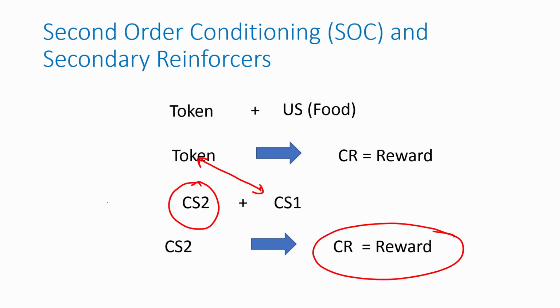If you get a token, it is equivalent to getting food, and that happens because of this association. So, you can take some other stimulus, and again that could be another token, and this itself is eliciting a reward.